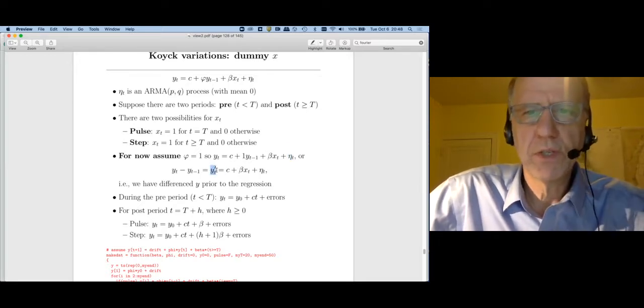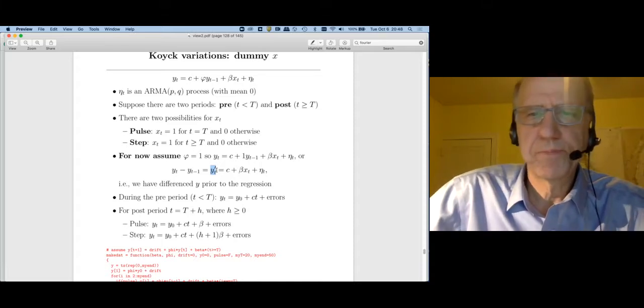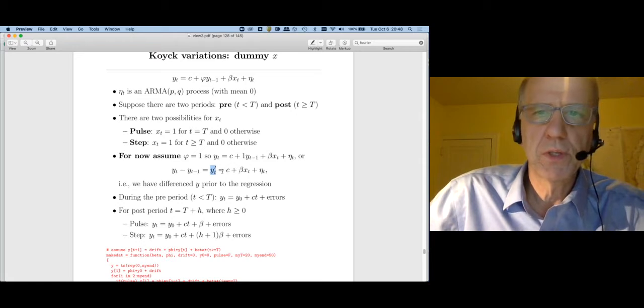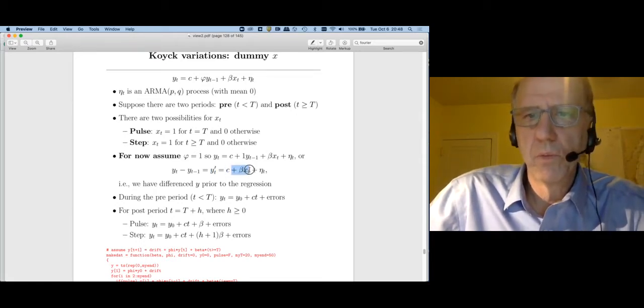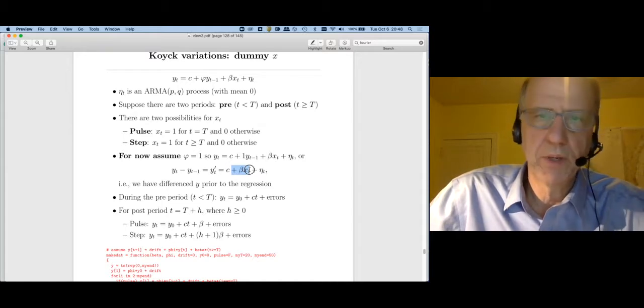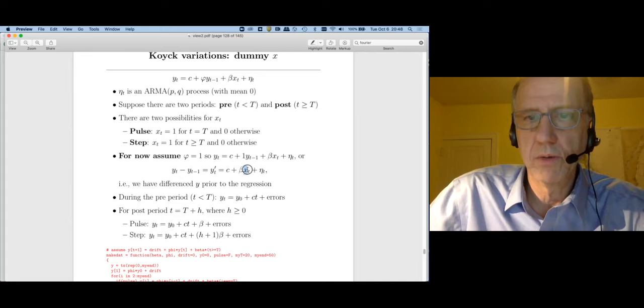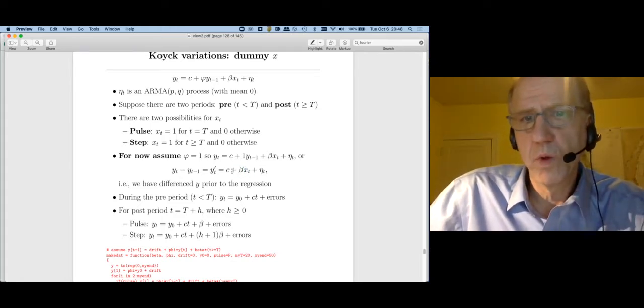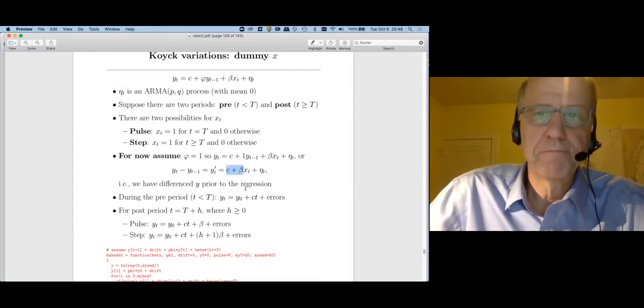It's like we've differenced our y's, and this difference is going to be some drift constant plus whether or not we're in the pre or post period. In the pre-period, this term goes to 0, so this whole thing goes to 0. In the post period, this is 1, so the differences are c plus beta.